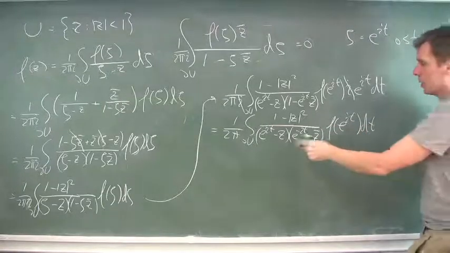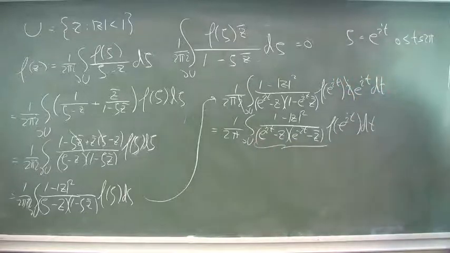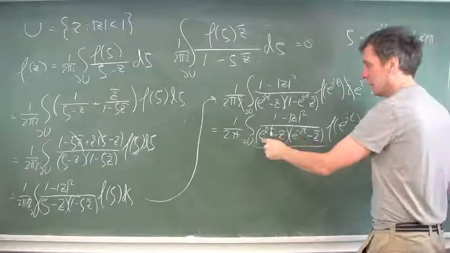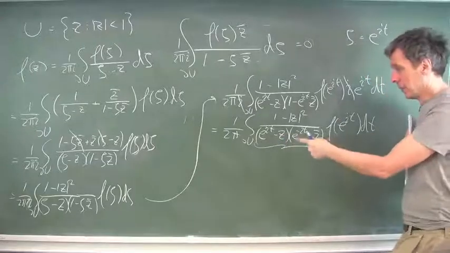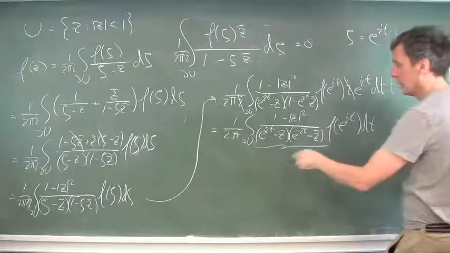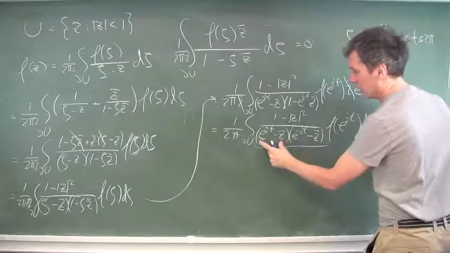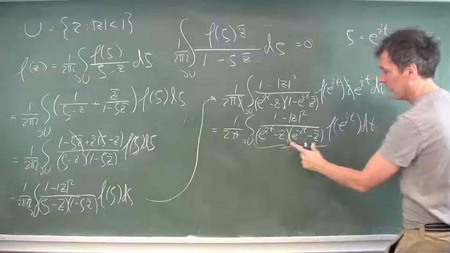And what we see now is that this expression in the denominator is actually real. So everything in this integral has become real now. The reason why this is real is that if you take the complex conjugate of this expression, you get exactly this.